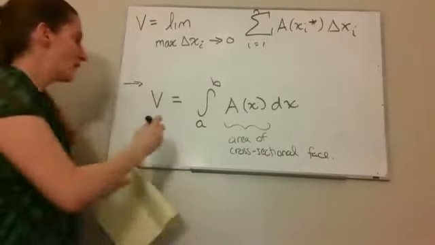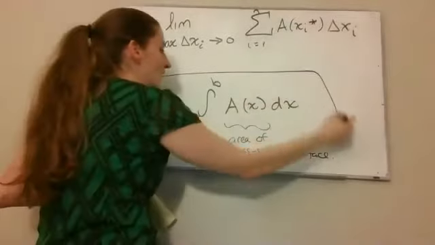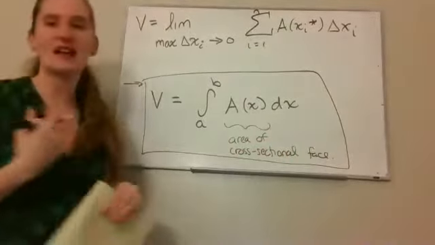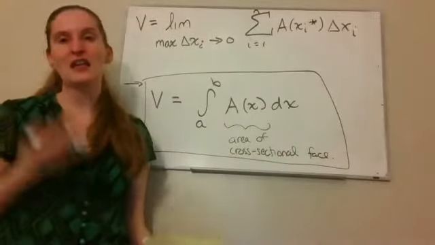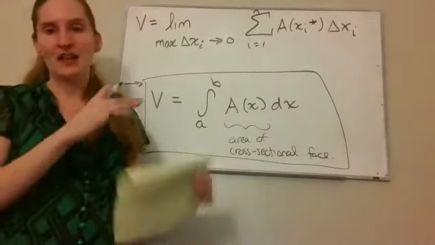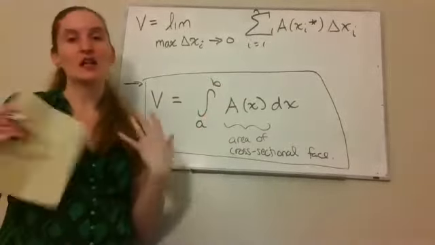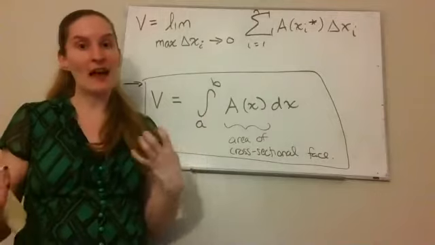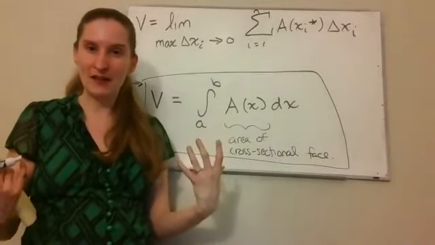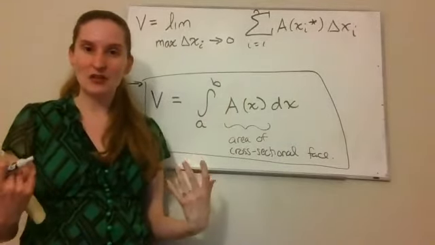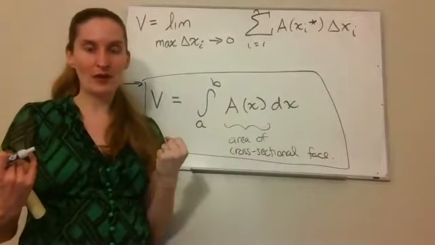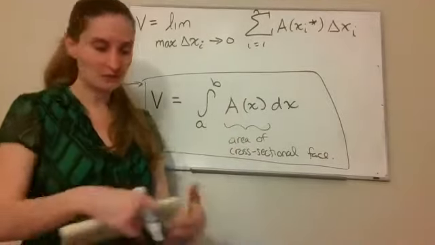So when we're trying to find our volume using this method, what we're going to do is kind of sketch what's going on and imagine slicing it. Slice it, open it up, and picture what that face looks like. Come up with a formula to represent that area of that face, and then all we have to do is integrate that area formula, and we'll get our volume.